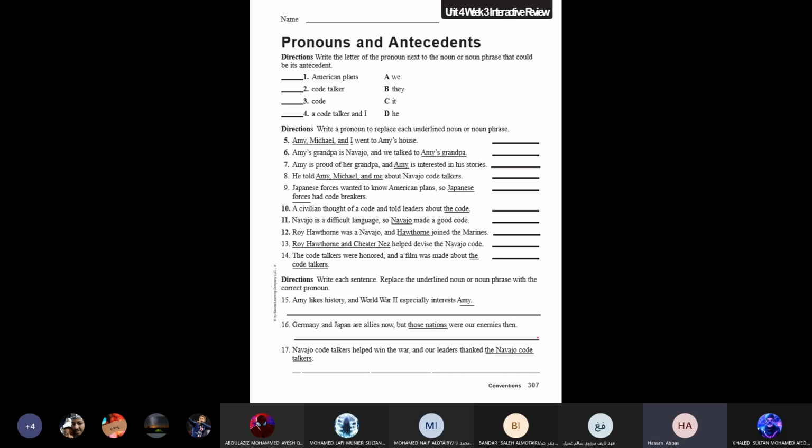This is another sign to help you know which pronoun to use, object or subject. You have the beginning, middle and end of the sentence. The beginning must be subject. Mid must be object. End must be object. For example, number 6, was that end, mid or beginning?